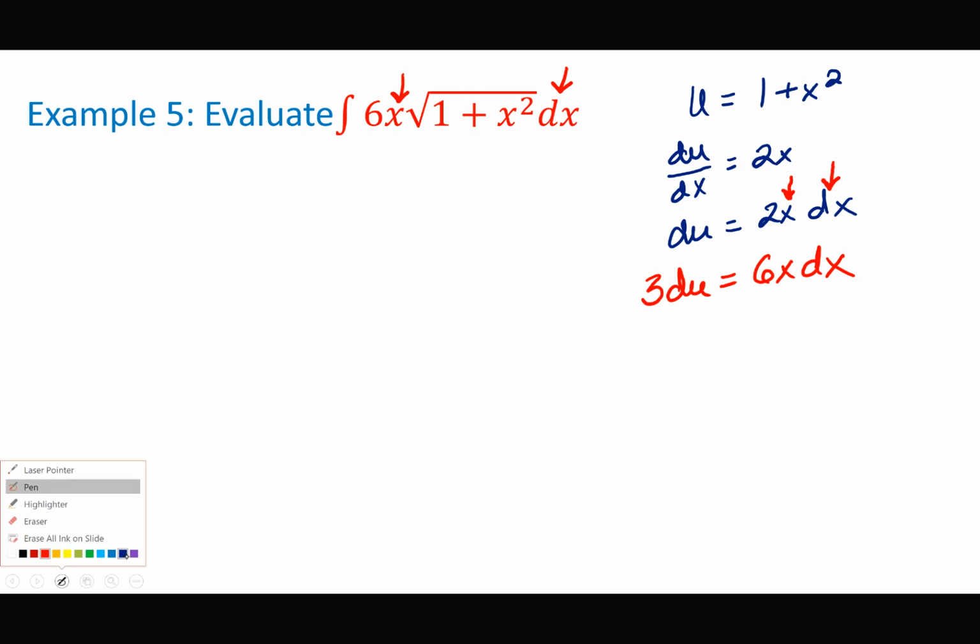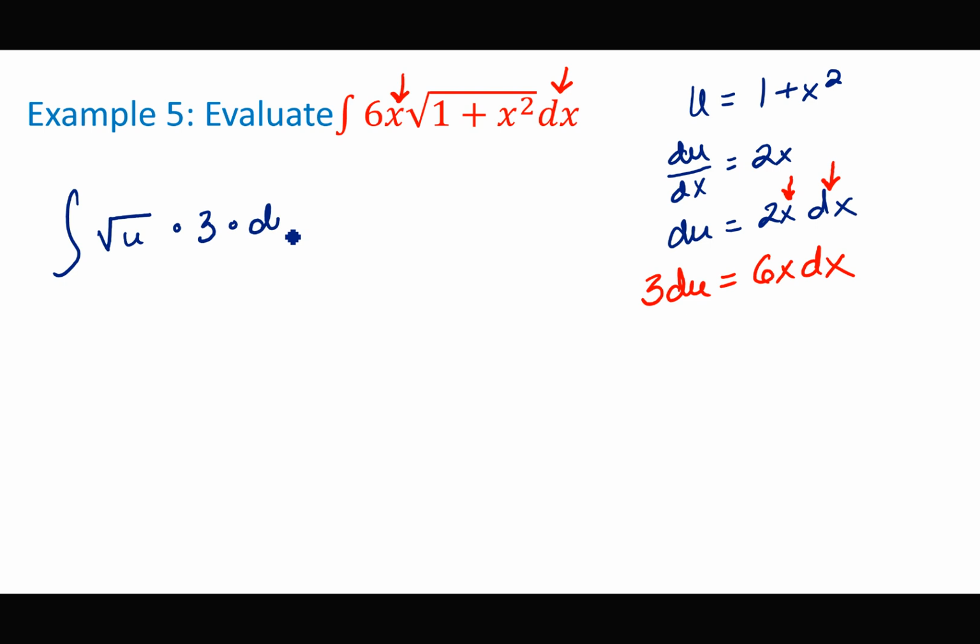So now I can rewrite my problem. And 6x dx is already being accounted for. All I have left is square root of u times 3 times du. The 3 will come out as a constant multiple, so I have square root of u du. That gives me the green light to integrate.